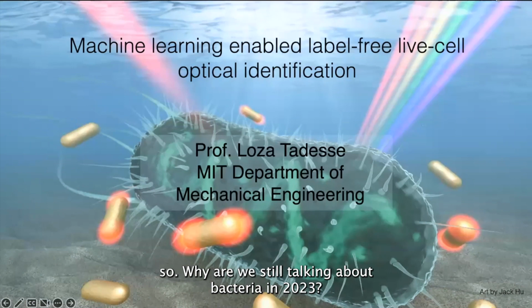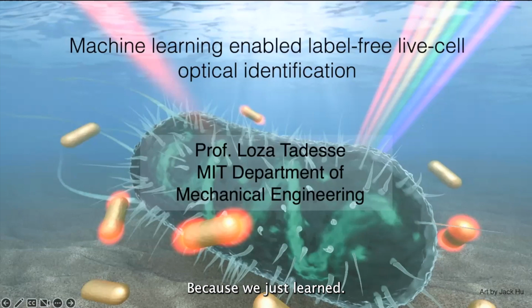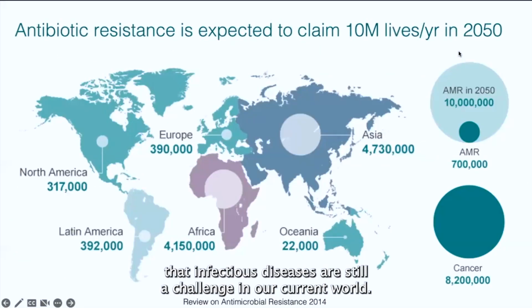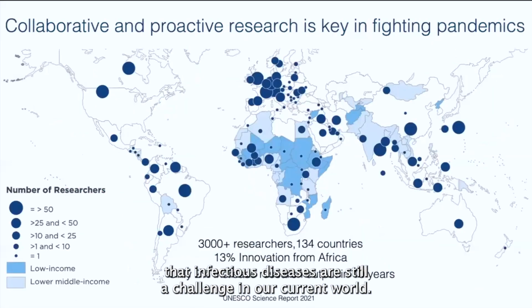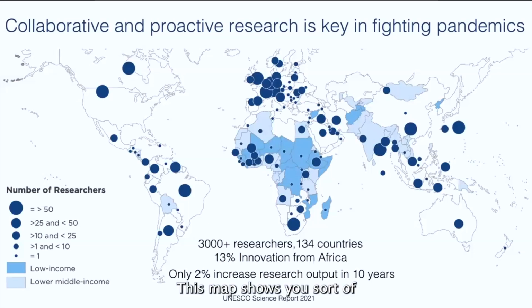Why are we still talking about bacteria in 2023? Because we just learned that infectious diseases are still a challenge in our current world. This map shows you the research that was done in response to COVID. Over 3,000 researchers worldwide. 13% of the innovation was also coming from the African continent in response to the pandemic.